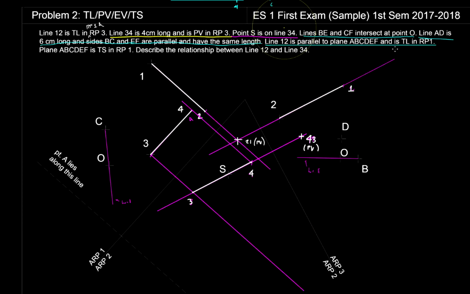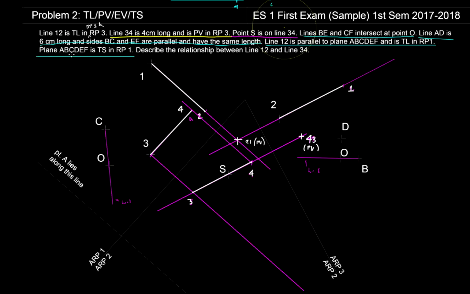Sabi dito, line 1, 2 is parallel to plane A, B, C, D, E, F. And I think this is a key clue or hint dito sa problem na to. Sabi daw si 1, 2 is parallel to the plane A, B, C, D, E, F and it is in true length in RP1. Ay, hindi pala. Hindi pa pala to. Ito ata yung mas magagamit pala natin.